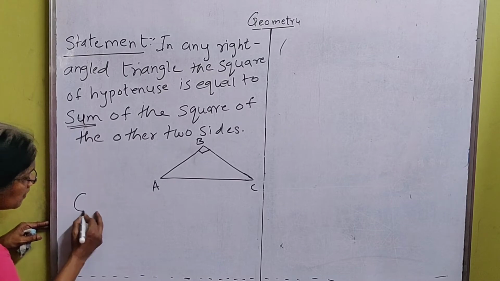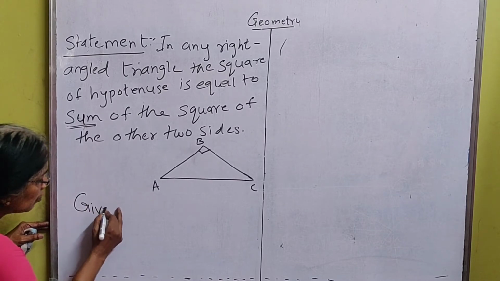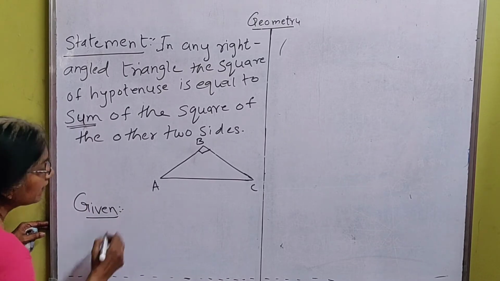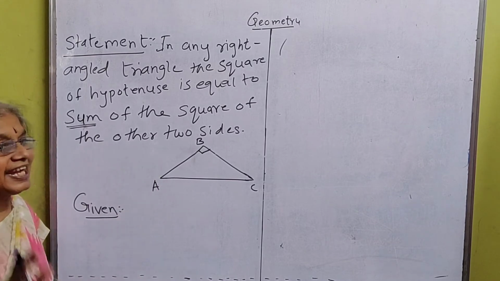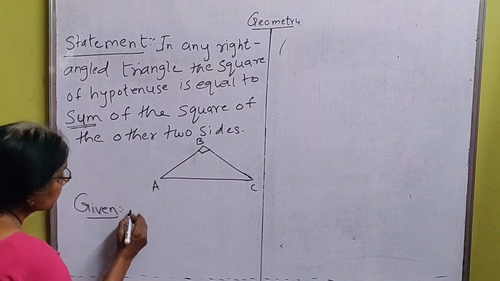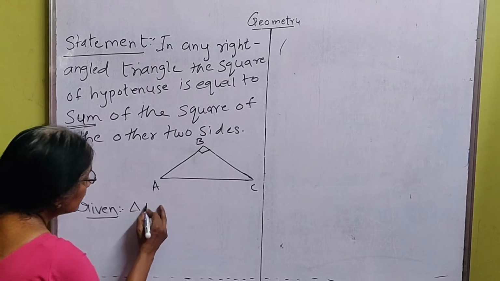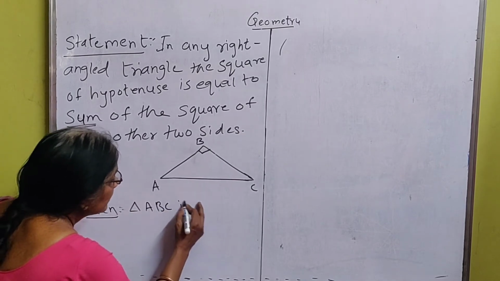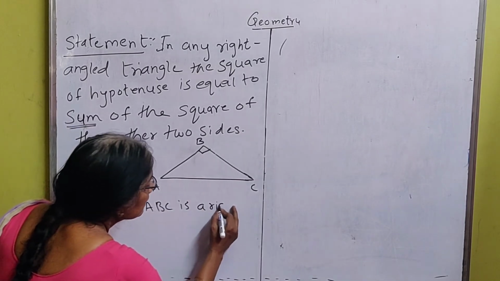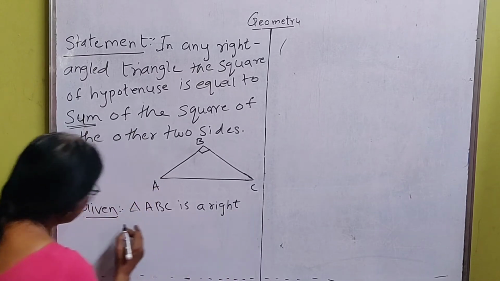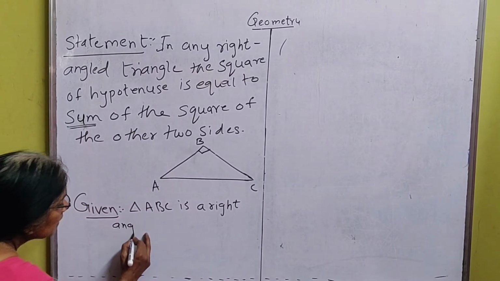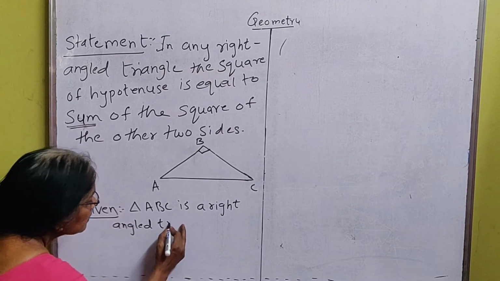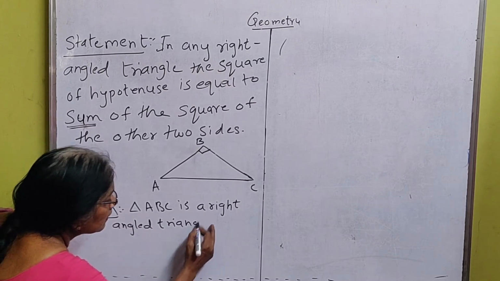So given, very important. What is given? ABC is a right angled triangle.